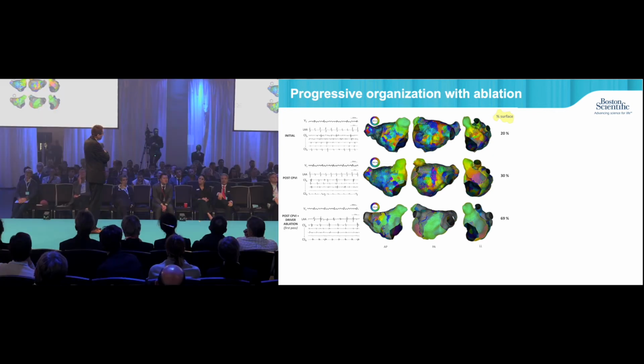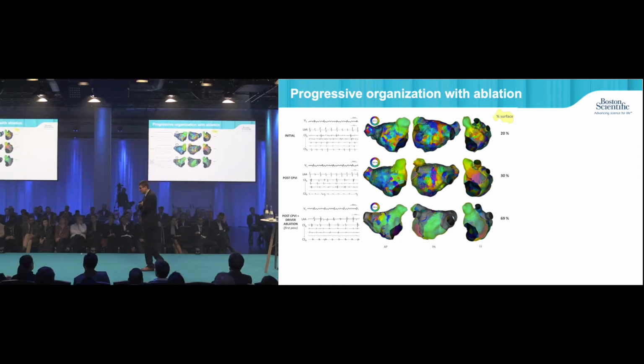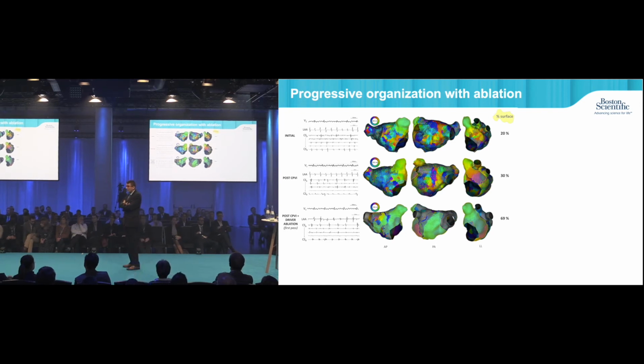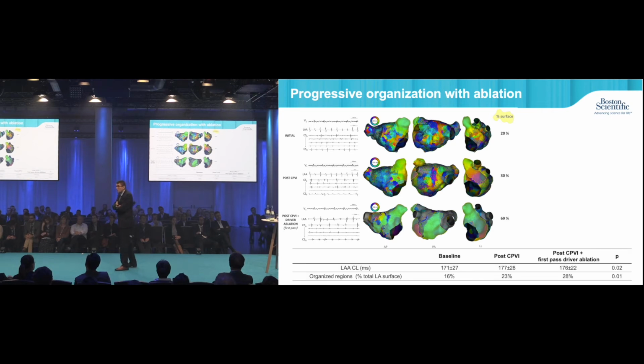And so the left atrial appendage was concerned, but the organized pattern of activation extended to the lateral aspect of the left atrium. And once we performed the first pass of driver ablation, almost the entire left atrium was organized, but the patient was still in AFib, and you can appreciate it on the surface ECG and on the CS recordings.